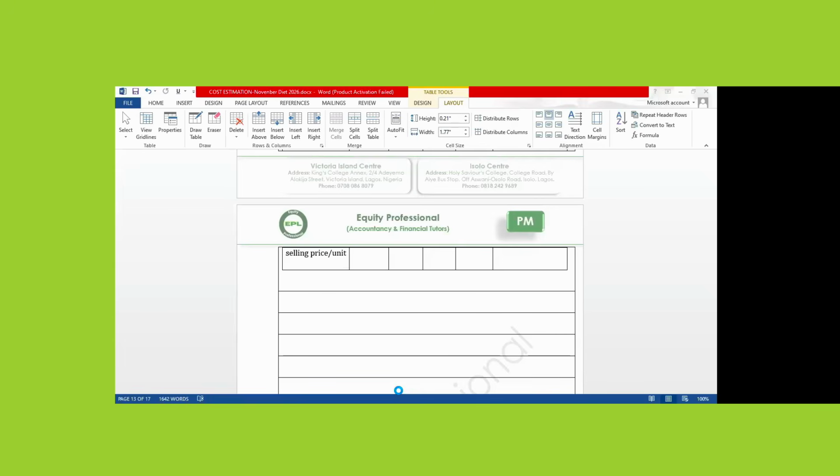Our class shall continue from where we stopped last week. For those that were not in class last week, we are looking at the topic cost estimation.